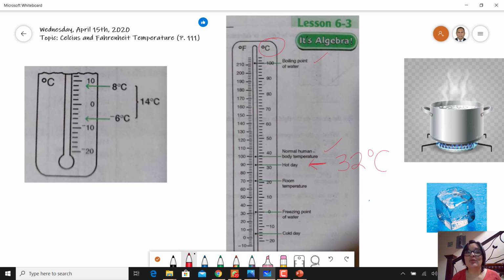So on television, sometimes you are going to listen to the forecast, el pronóstico del tiempo, the forecast, and they say, today for Tegucigalpa we are going to have a maximum temperature of 32. So today is going to be a hot day, and by night the temperature is going to be at a minimum of 20 degrees. So they are using instruments like a thermometer to make a prognostic, a forecast of the weather, of the climate.